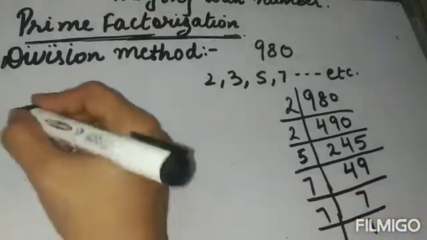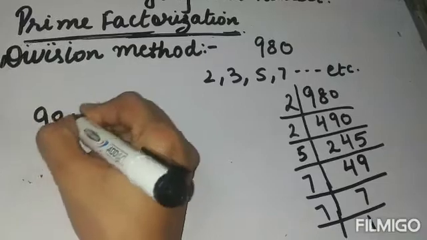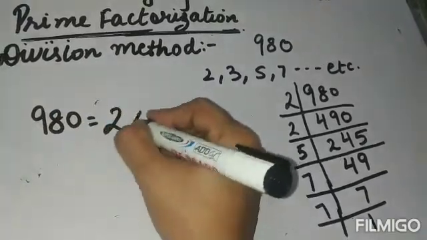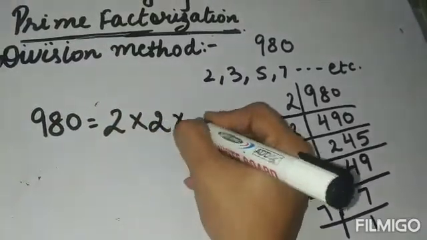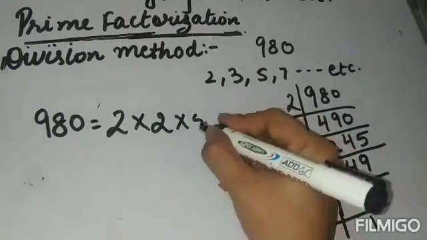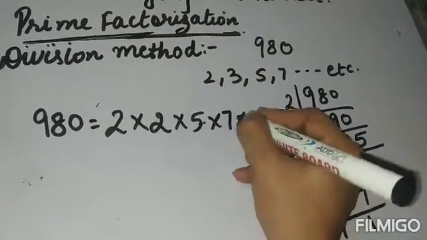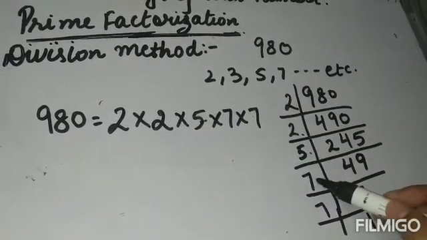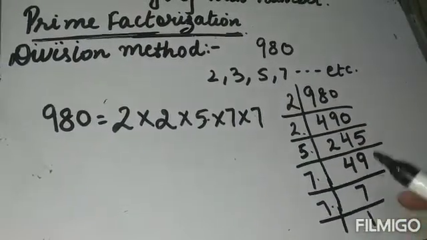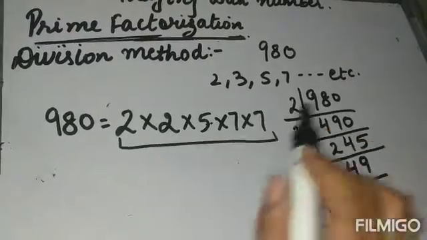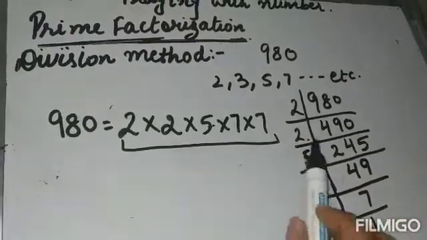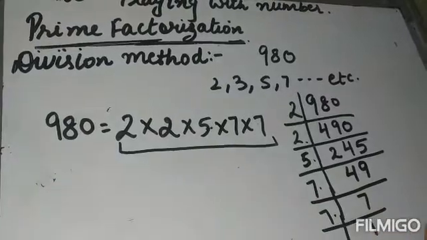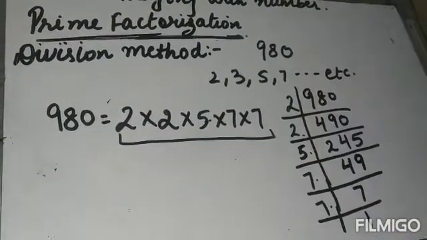So 980 can be written as 2 multiplied by 2 multiplied by 5 multiplied by 7 multiplied by 7. All these are prime numbers. So this is called the division method to find the prime factorization of a number.